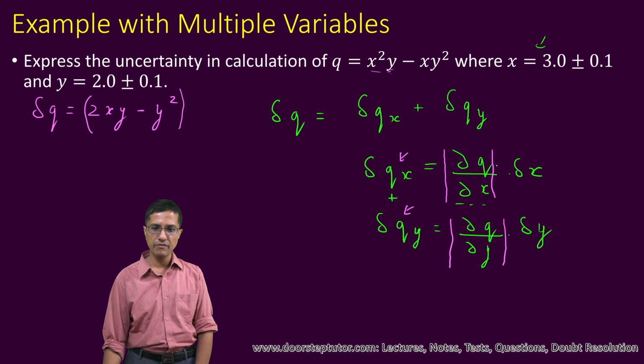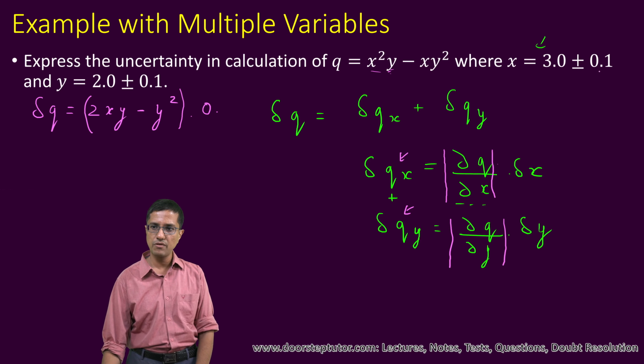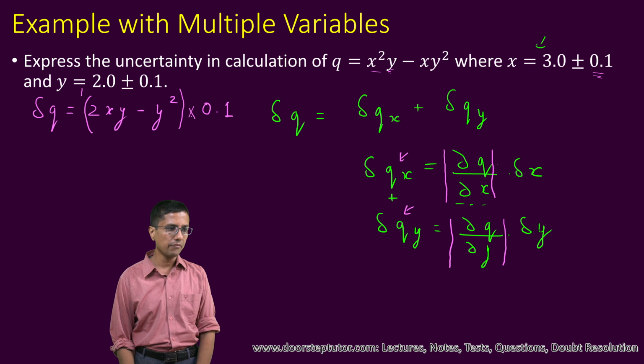This is the first term right here, delta x, and we'll multiply it with 0.1, which is our error in x. Plus, and of course we have to take the absolute value sign here. Don't forget that. That is very important.